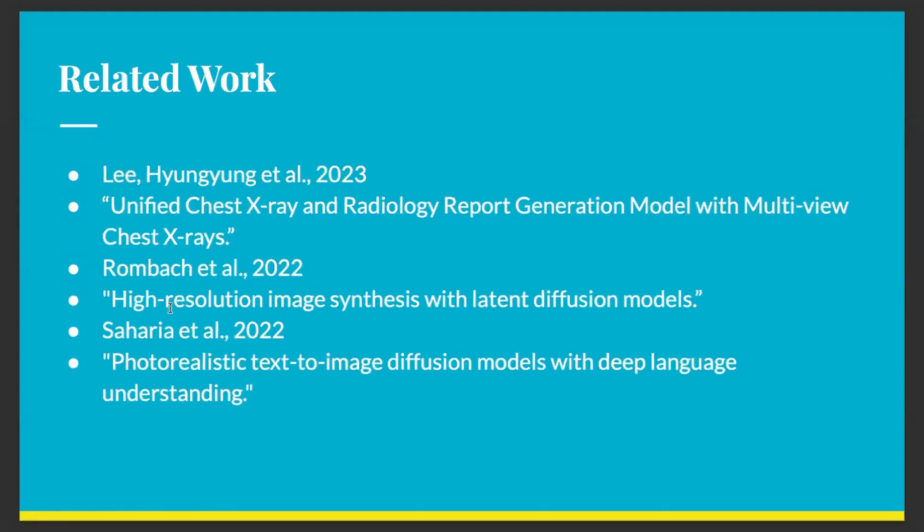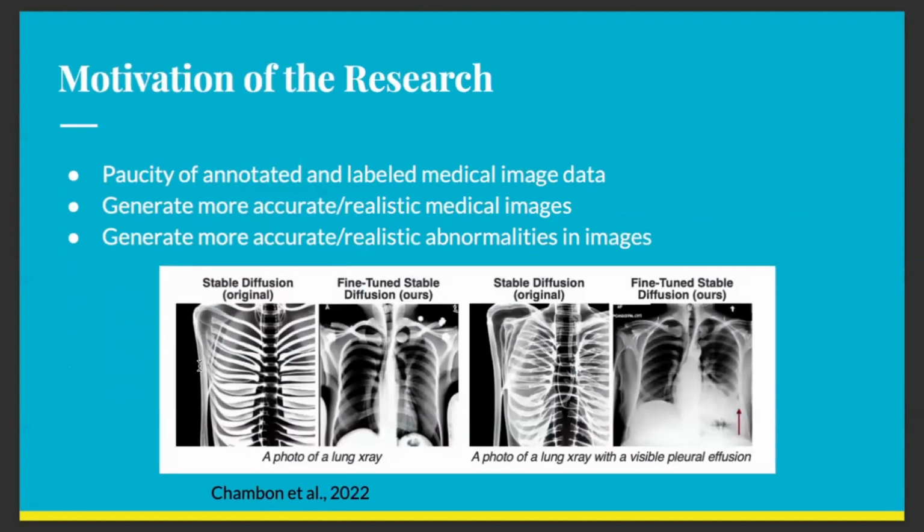The impactful paper by Rombach et al., high resolution image synthesis with latent diffusion models, where I believe they introduced latent diffusion, and then photorealistic text-to-image diffusion models with deep language understanding.